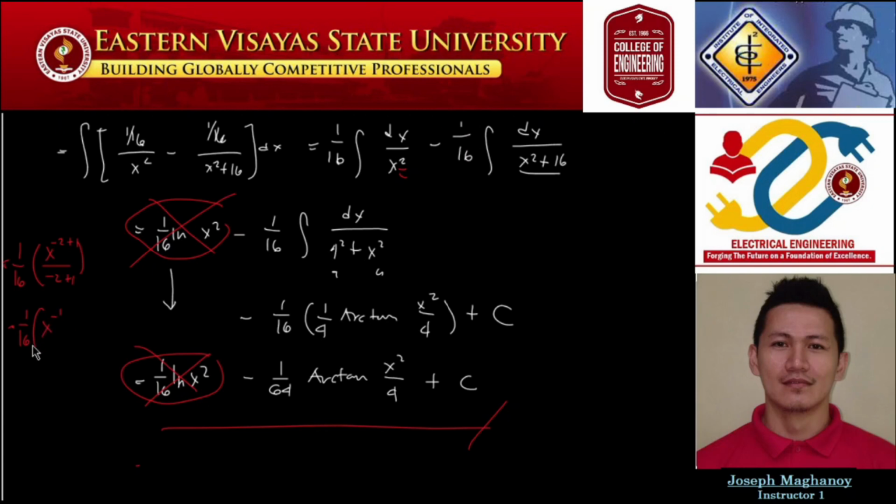So we can rewrite our final answer. So it's negative 1 over 16 x raised to negative 1 minus 1 over 64 arctan x squared over 4 plus c.